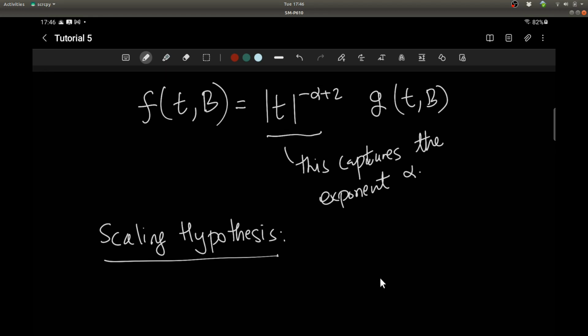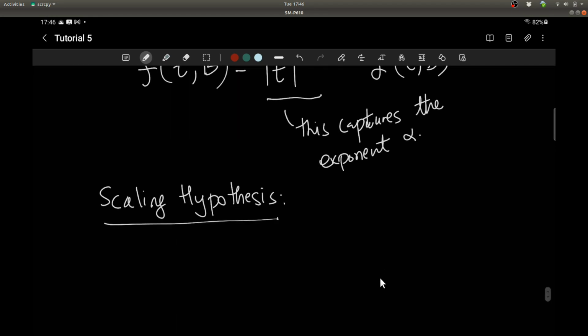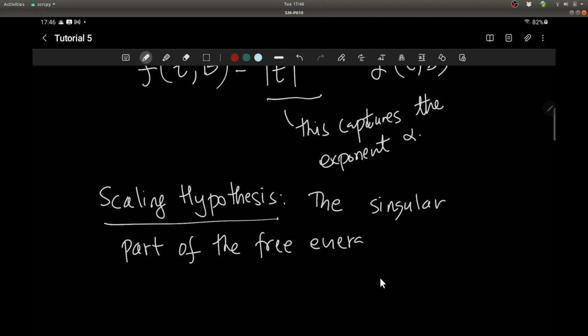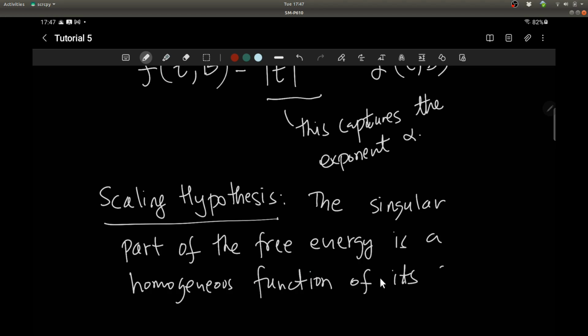Okay, so what is the scaling hypothesis? Scaling hypothesis says that the singular part of the free energy is a homogeneous function of its arguments.